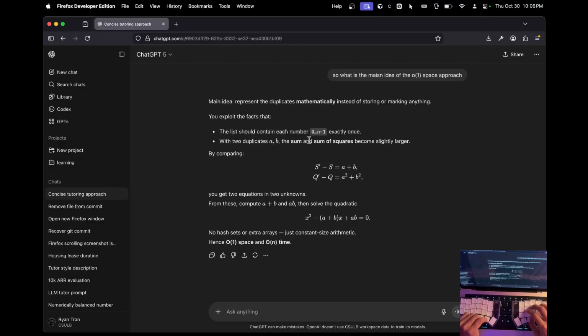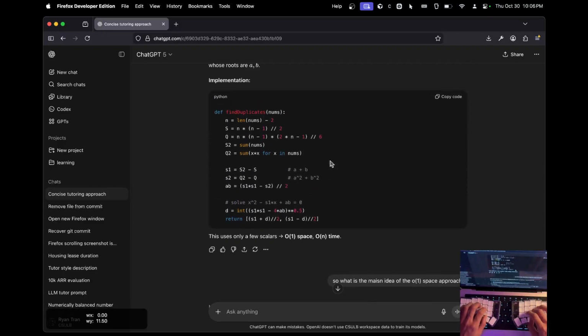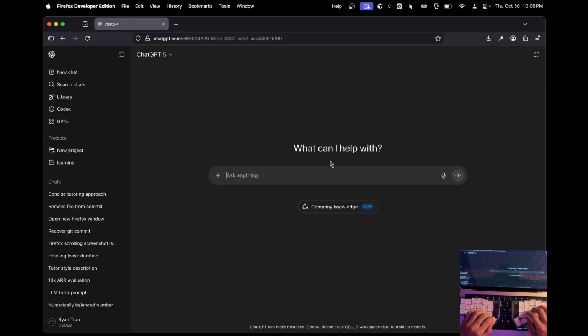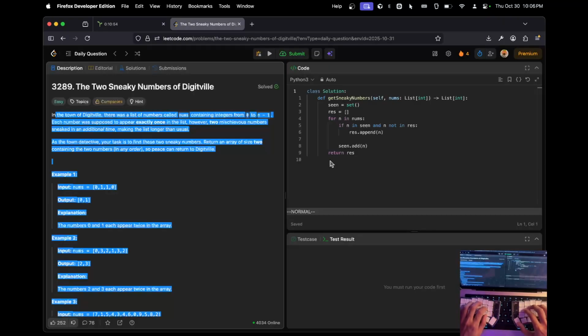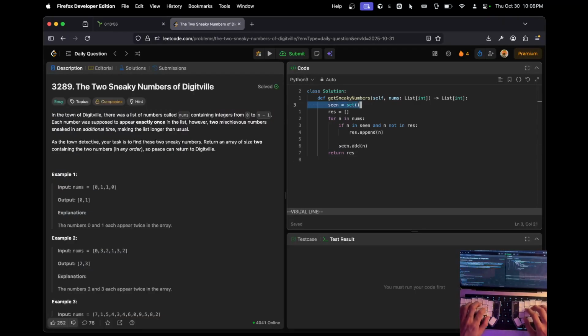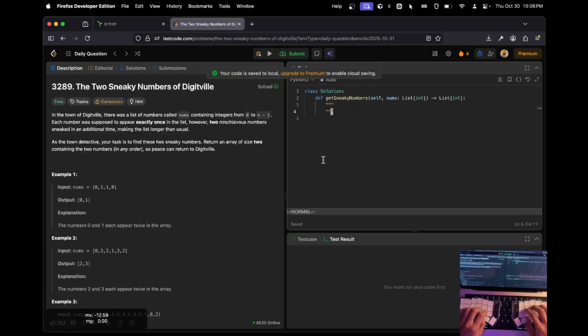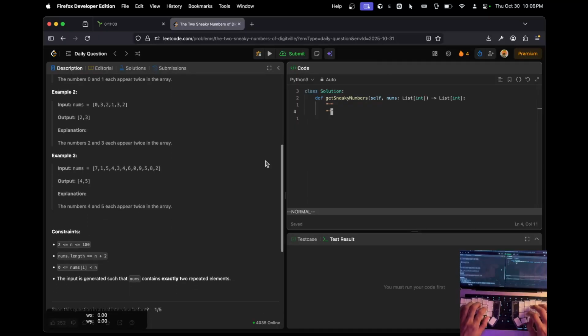I see. So the sum should be something, and the sum of squares should be something else. Okay. I think we can do this without relying on chat too much. So that's the O of N trivial solution. I was not going to come up with that by myself though, so I just decided to look it up.